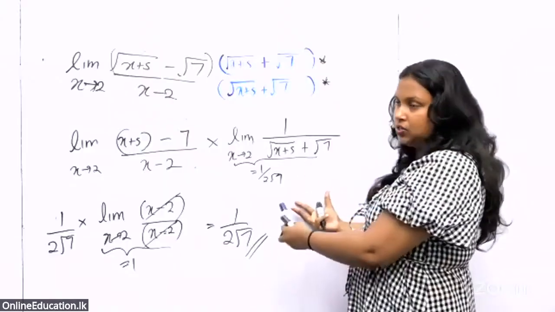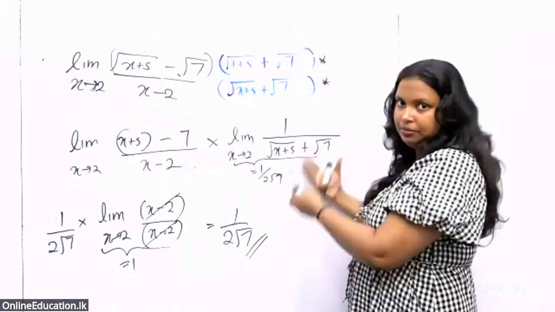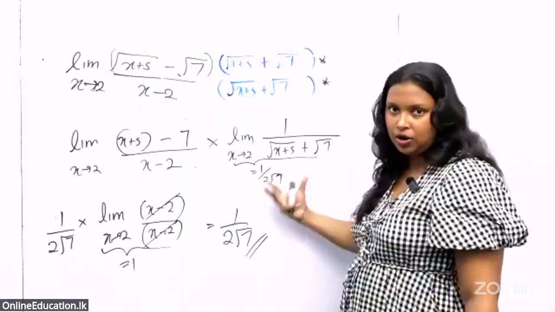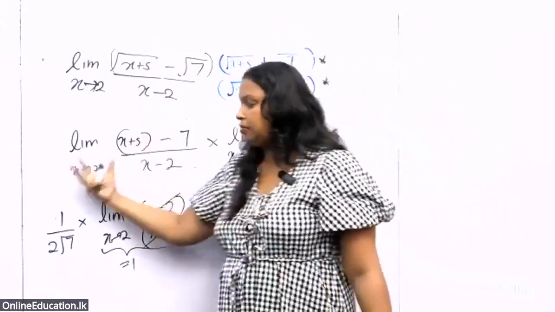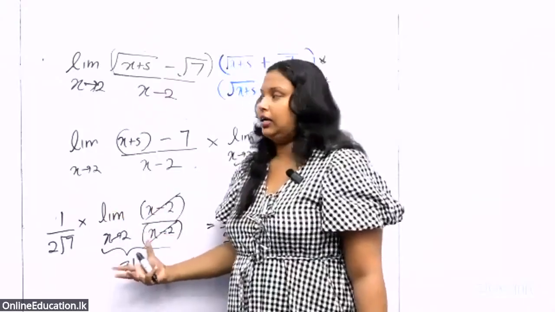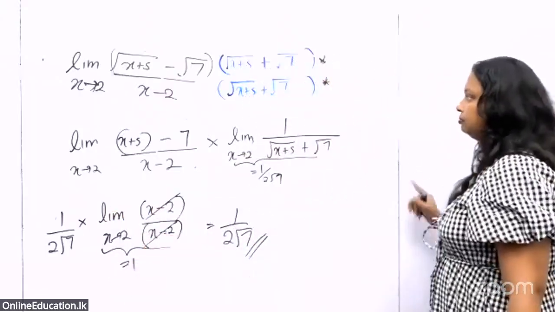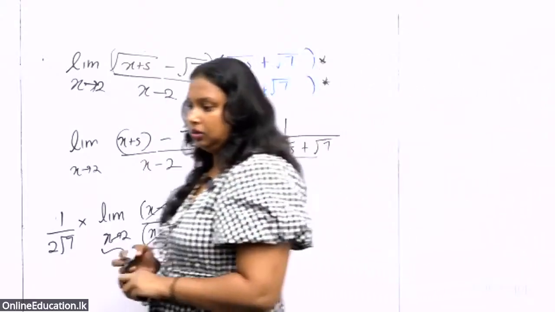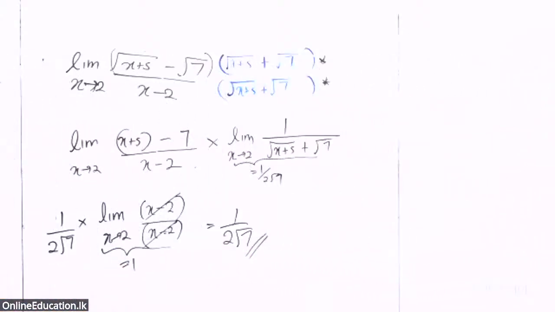Right? So further you don't get this limit part, you're just getting the numerical value as 1 over 2 root 7. You can write it as a multiplication here and just find the limit of this. Clear? Right. Okay.